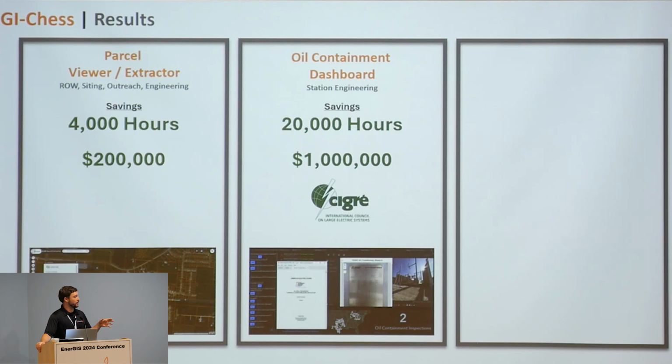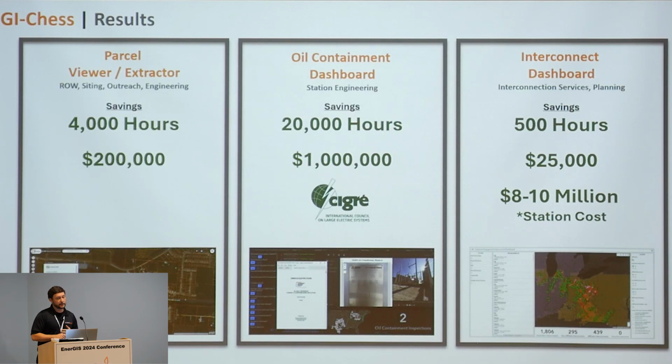We pulled that into the GIS, also connected to SharePoint, connected to some shared drives where some of the imagery was, as well as a couple other systems. Put it all in one dashboard. And because station engineering is so big and there's so many users, we found that saved 20,000 hours, or about $1 million a year. And it was so successful that myself and the SME presented at a CGRI conference and wrote a paper on it for CGRI.